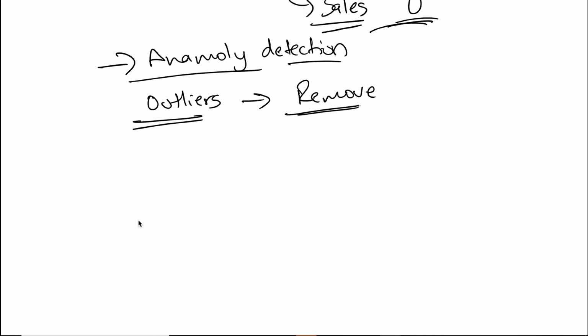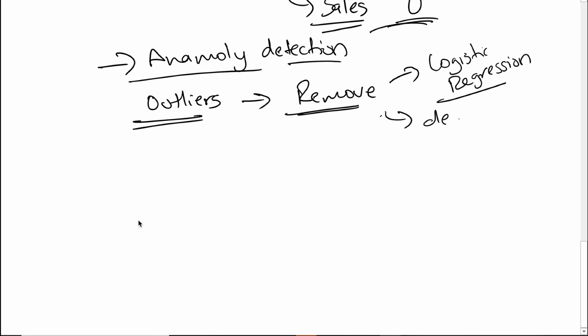Now this could be the case if you're running a logistic regression, and if you do keep outliers, then it may create a problem. But if you're working with decision trees, then having outliers really doesn't matter, because the decision tree algorithm works in a different form compared to logistic regression.